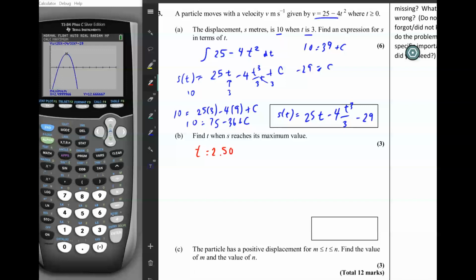Now, if you wanted to do this by hand, how would you do it? Well, basically, we need to find when the derivative of the s function is equal to 0, because that's where the maximum point is. And we happen to know the derivative of the s function. It's 25 minus 4t squared.